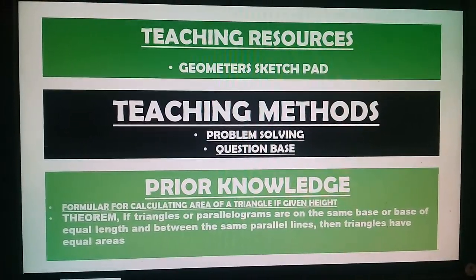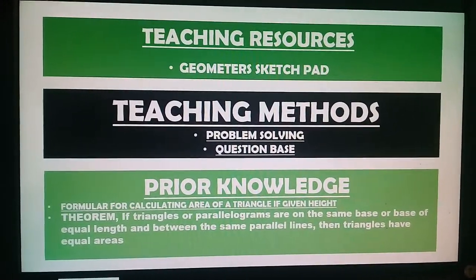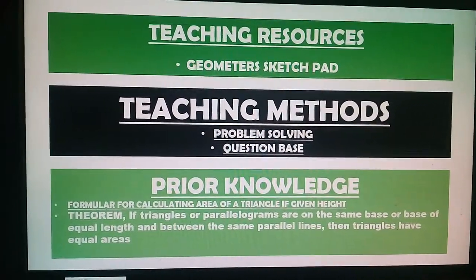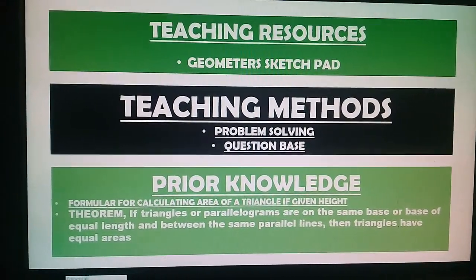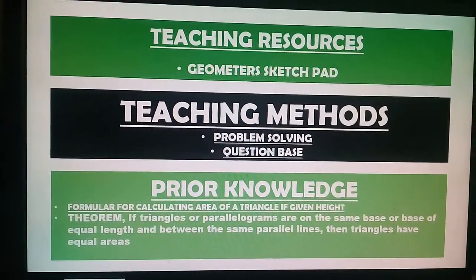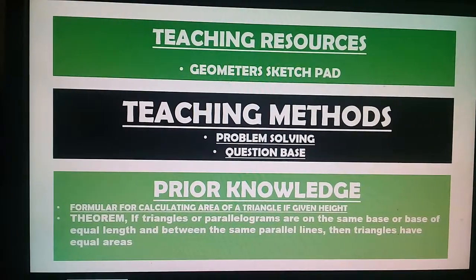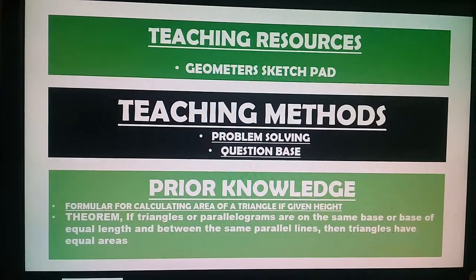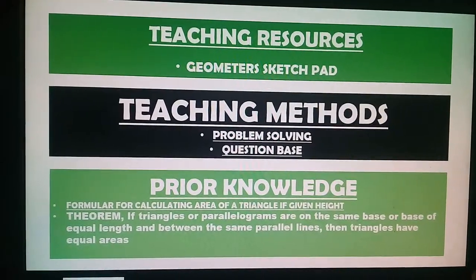First of all, I'm assuming that the learners know the formula for calculating the area of a triangle if we're given the height. Number 2, I'm assuming that the learners understand the theorem that if triangles or parallelograms are on the same base, or bases of equal length, and between the same parallel lines, then the triangles have equal areas.